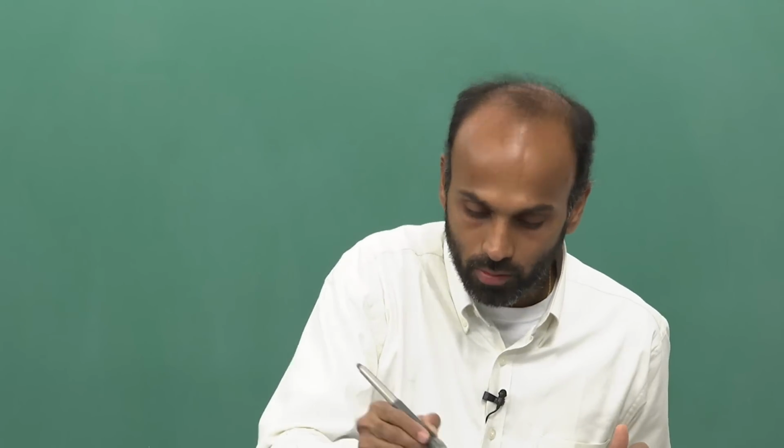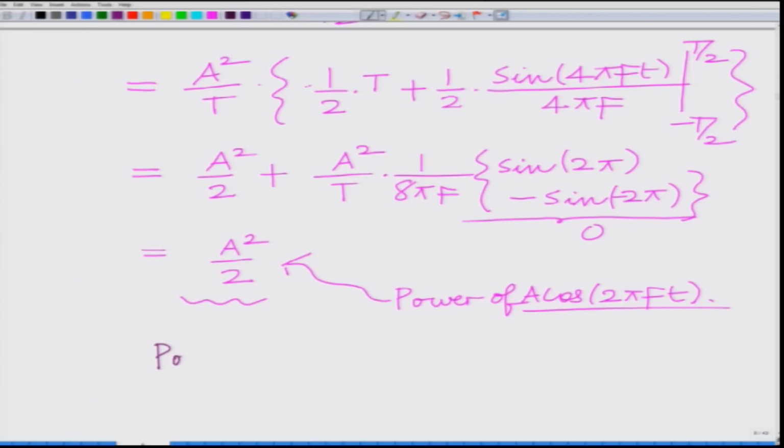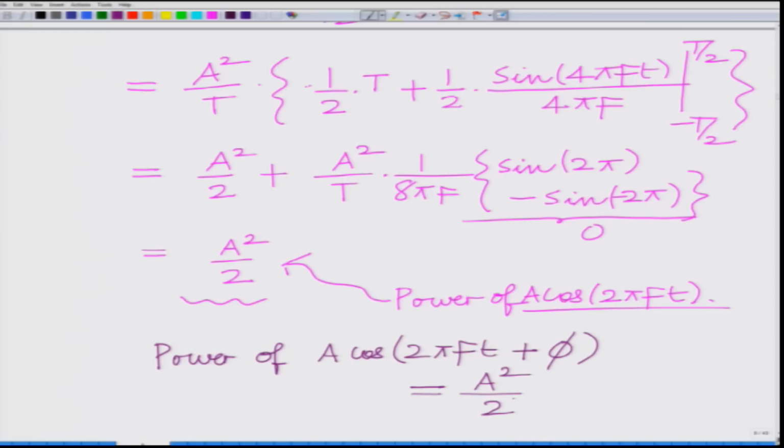It does not depend on the phase. The power is simply A square divided by 2, where A is the amplitude of the sinusoidal signal.